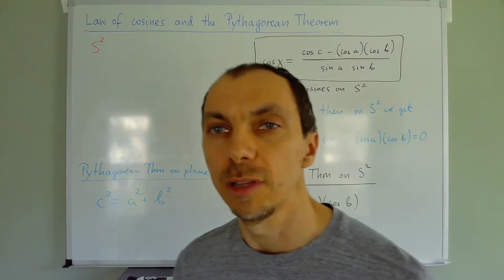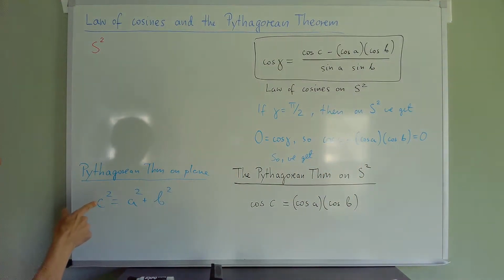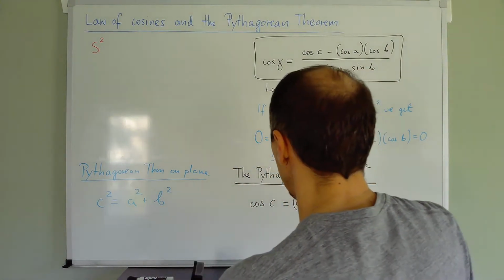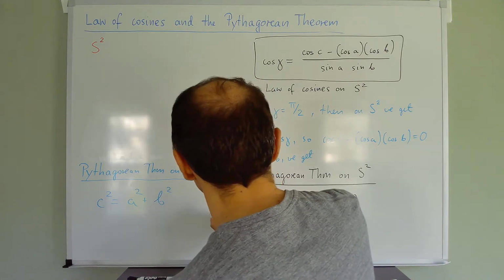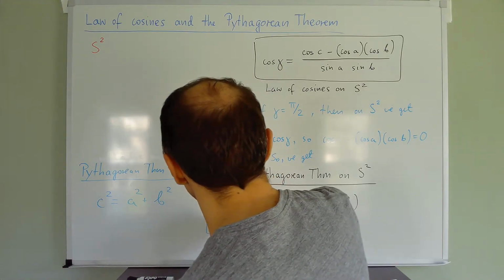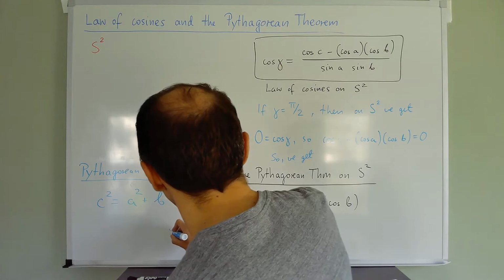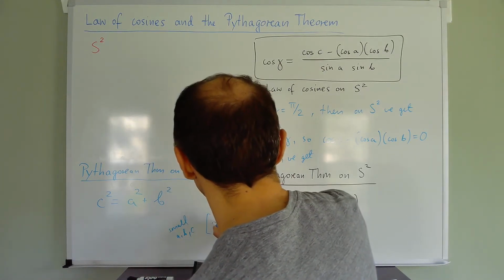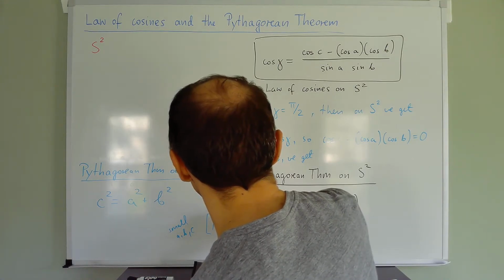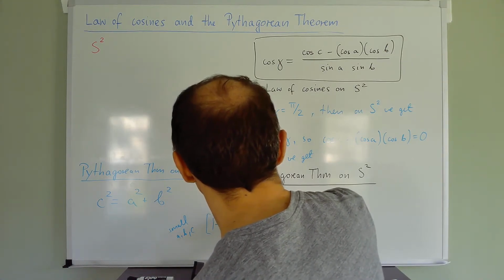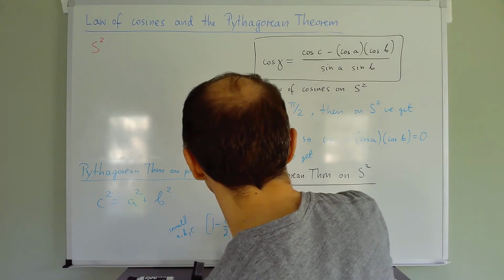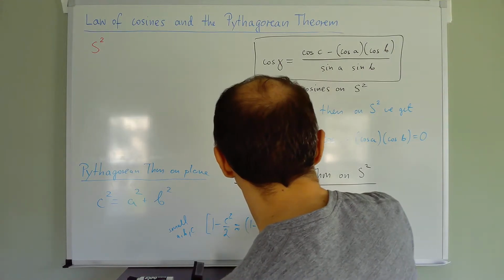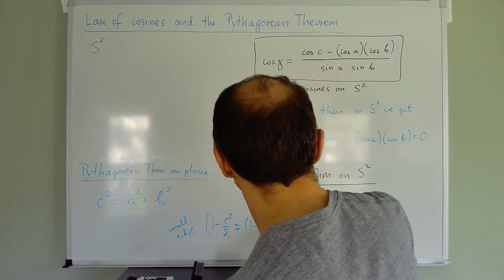For a small triangle, again, you should get exactly this. I'm just going to do this calculation right here, but it's really just a repeat of that calculation we did for the law of cosines, just in an easier case. So, for small a, b, c, you get that this is 1 minus c squared over 2, and this is 1 minus a squared over 2, and this is approximately 1 minus b squared over 2.